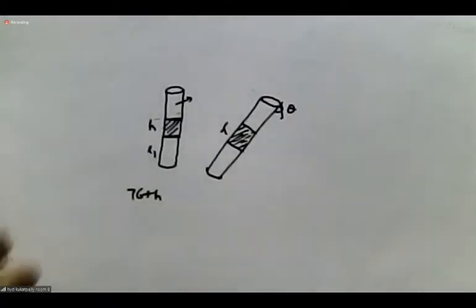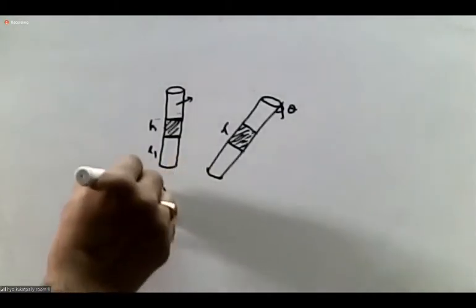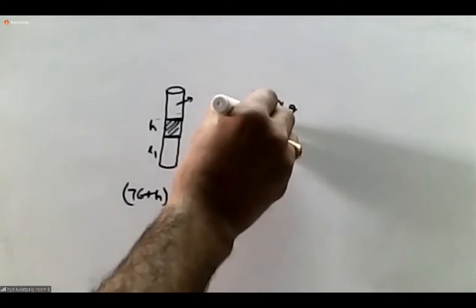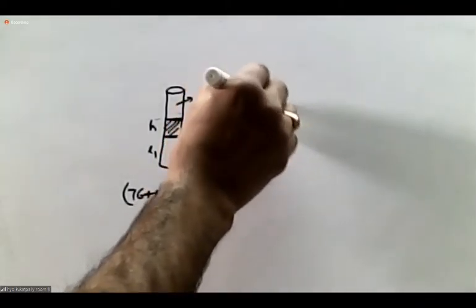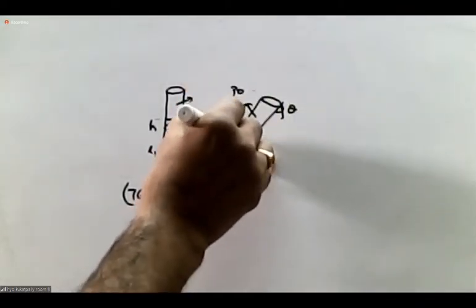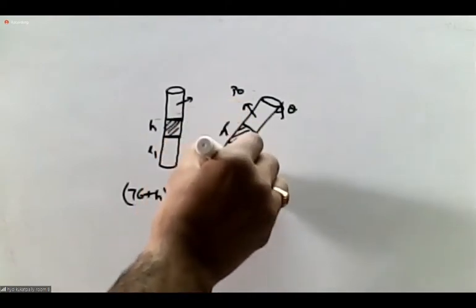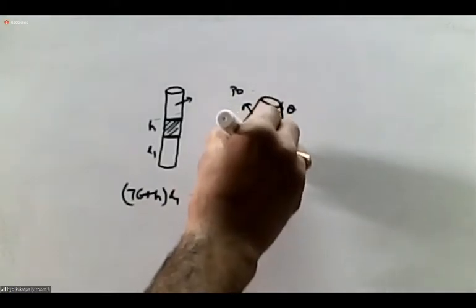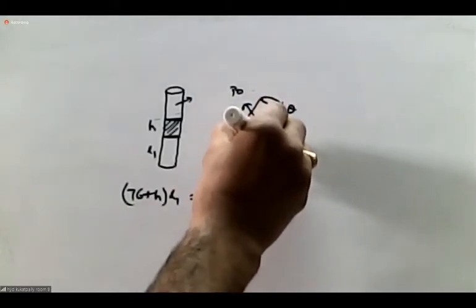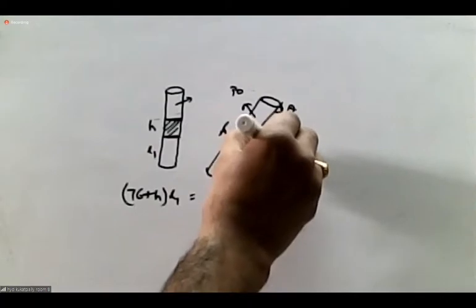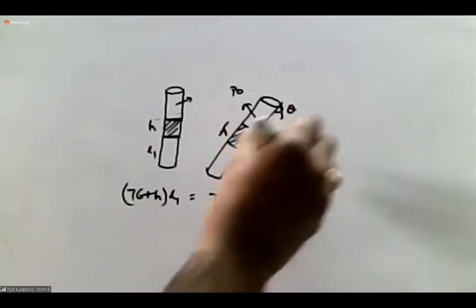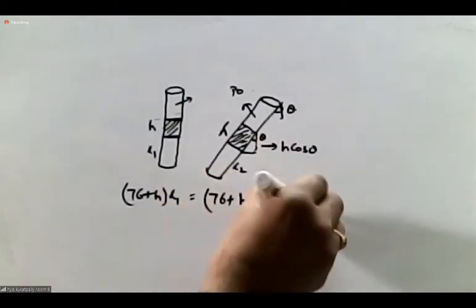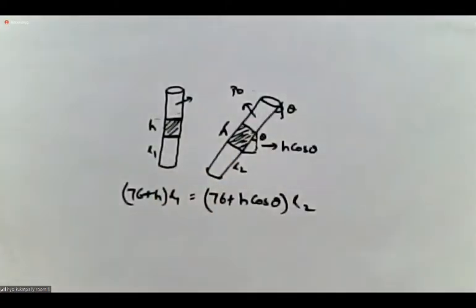So 76 plus H into length L1 is equal to, here, open to the sky, atmosphere P naught. The length becomes L2 now. So 76 plus this height, when this is theta, is H cos theta, into L2. Finished. You can write that.